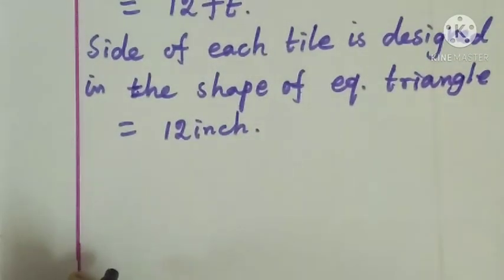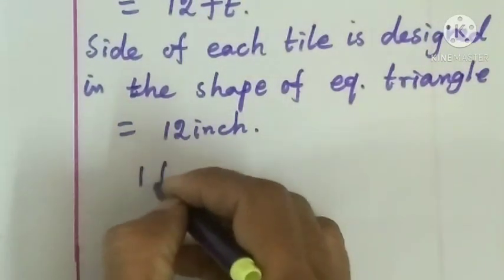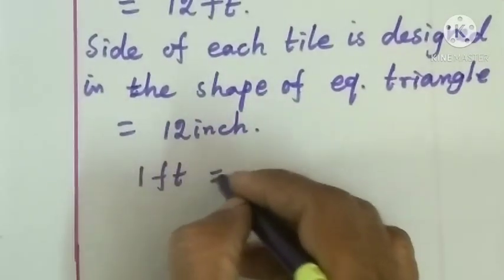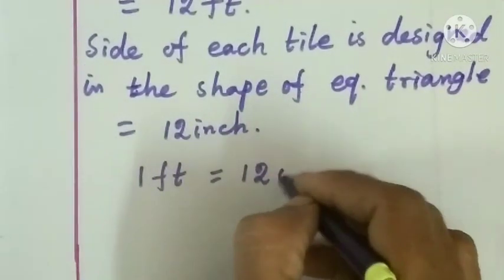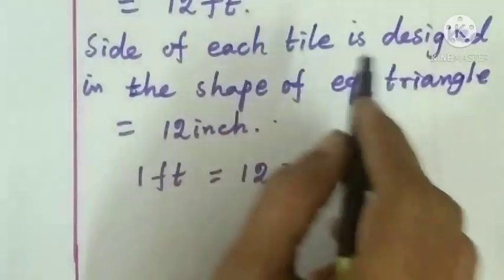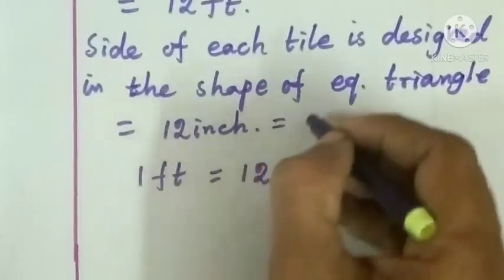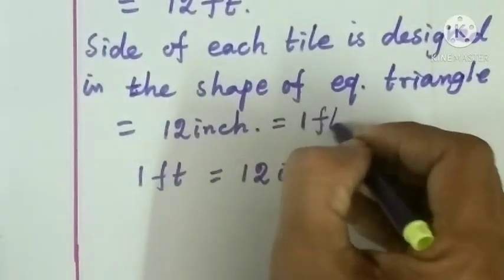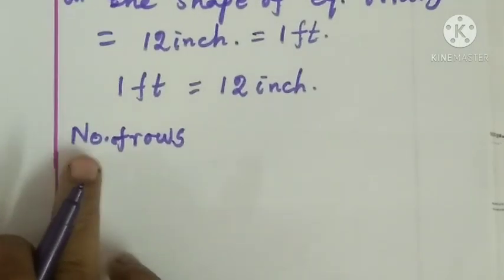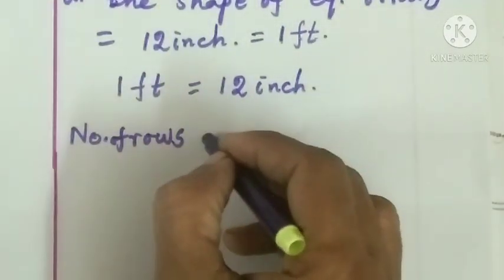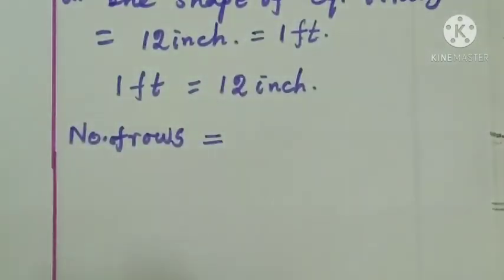We know that 1 feet is equal to 12 inches. Side of a tile also 1 feet. You have to find the number of rows in the triangular shape mosaic.